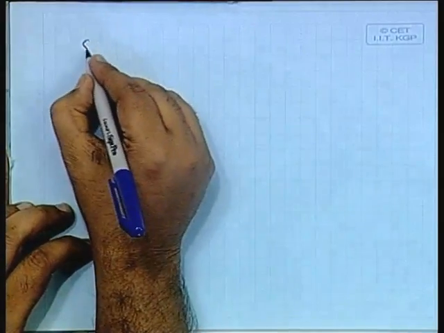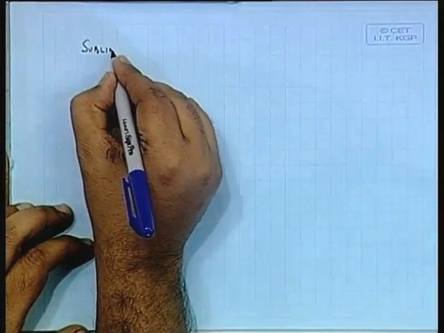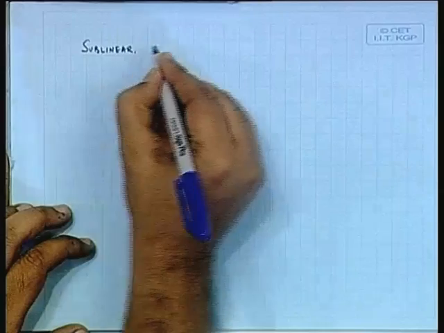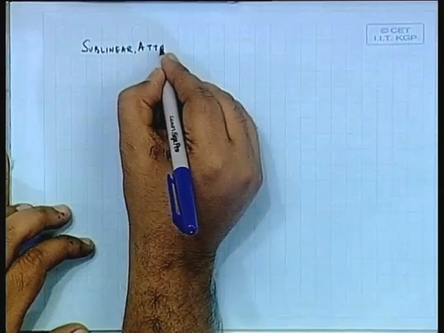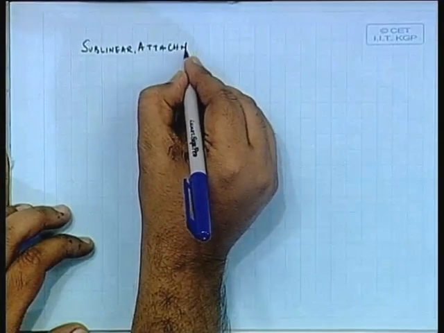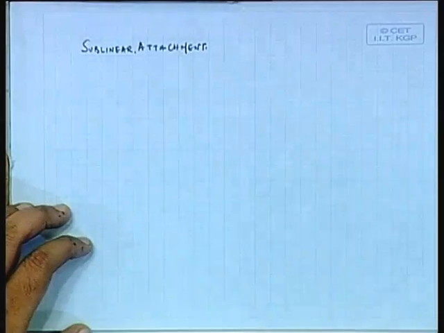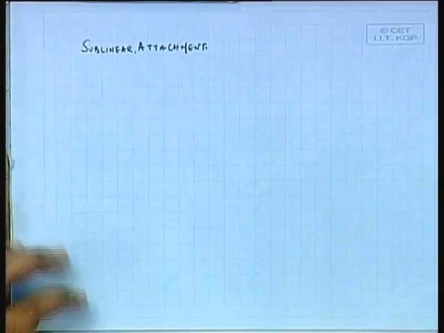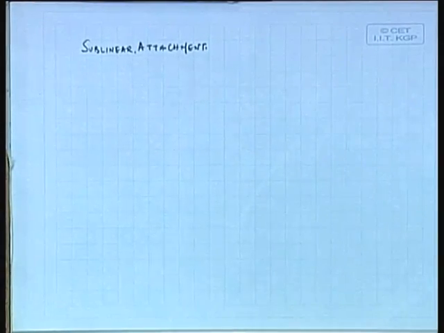Now what happens is you can have a sublinear attachment. There are two assumptions.